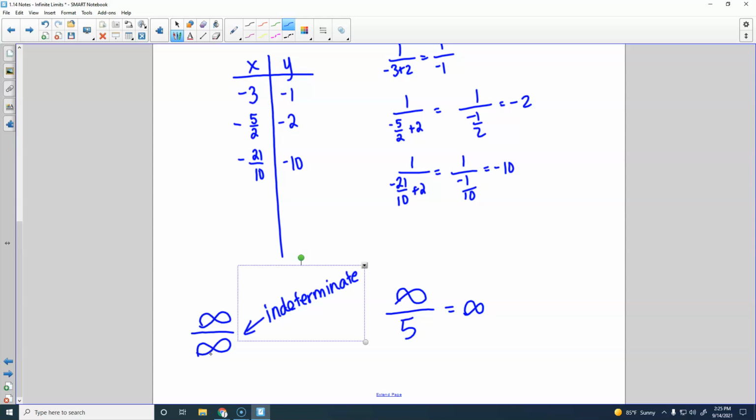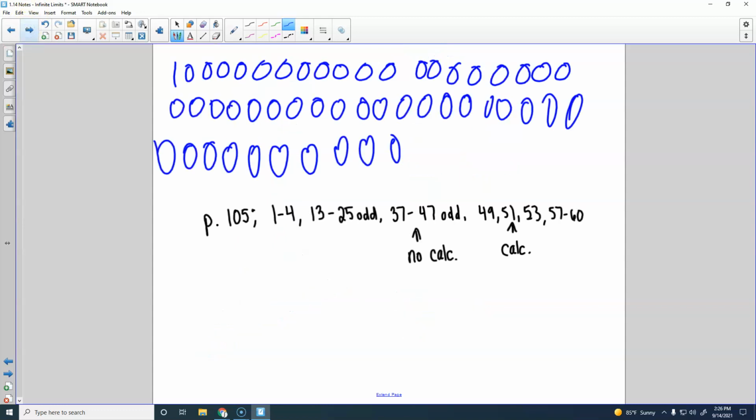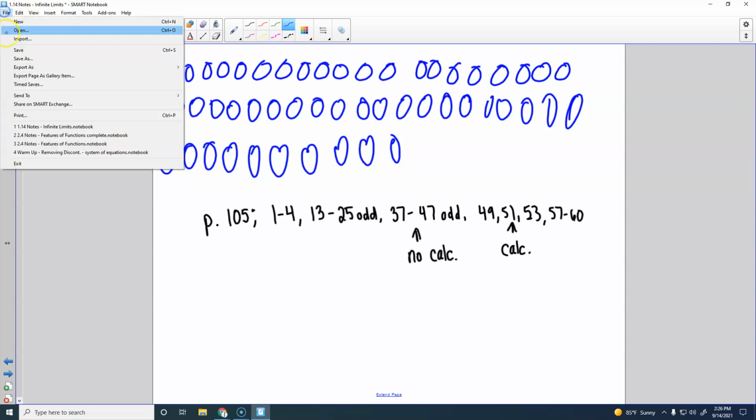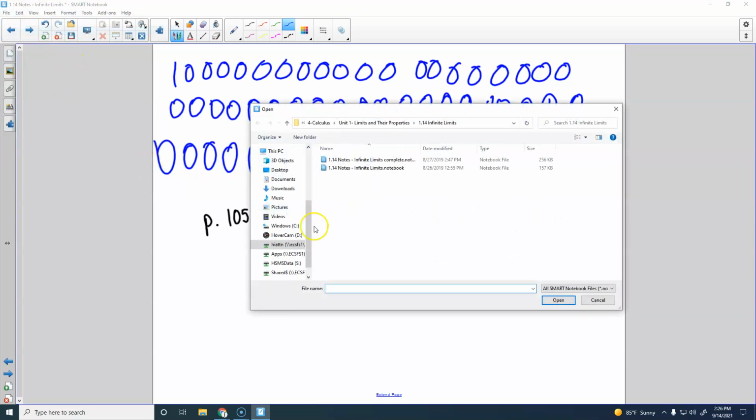Oh, well, it could be different. We're doing 5 divided by 5. Infinity over infinity is another version of indeterminate, and we were leaving it at that. Okay. All right. We're going to leave this section and go to the next.